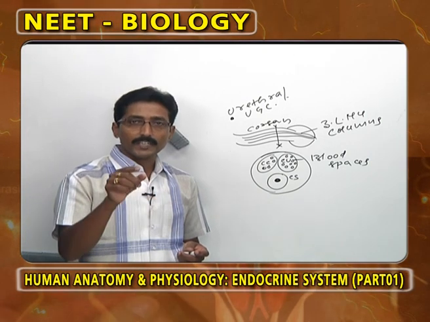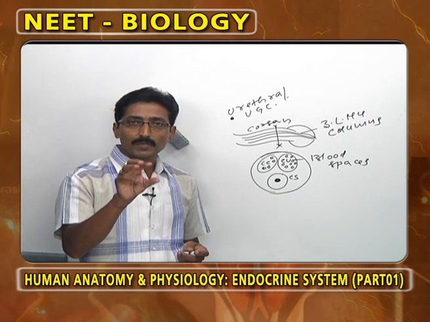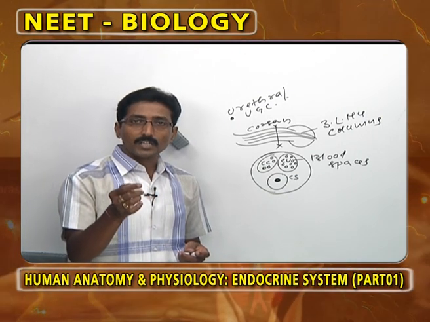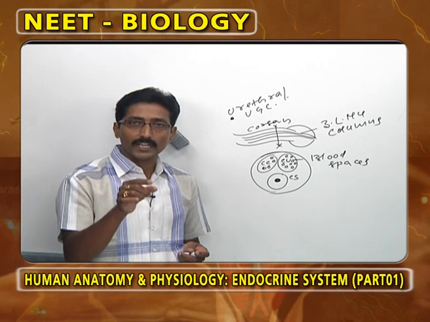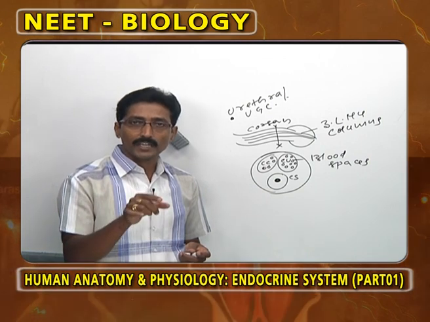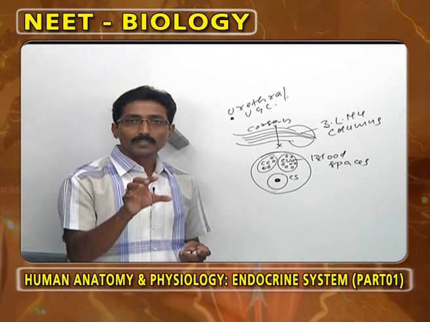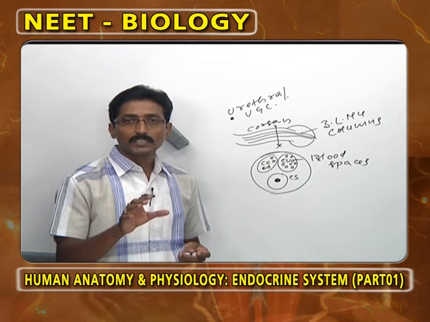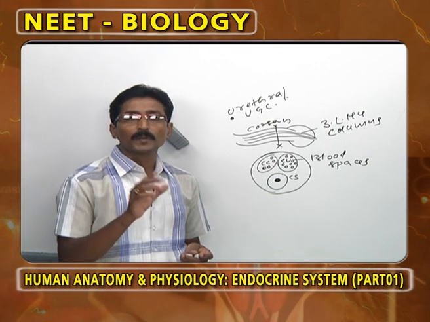If acidity is present, the sperms are going to die. So in order to neutralize the acidity in the vaginal cavity, what type of gland secretions play an important role? That we call the Cowper's glands.